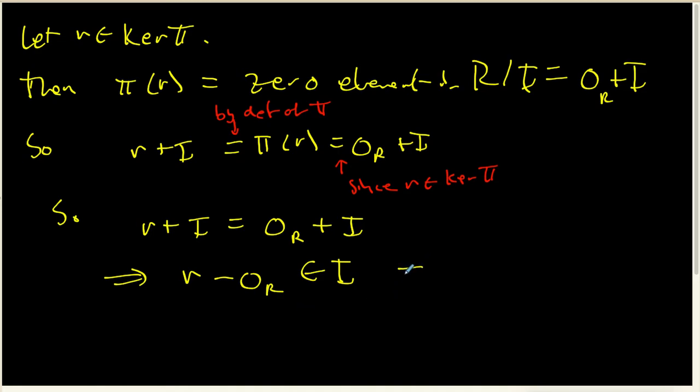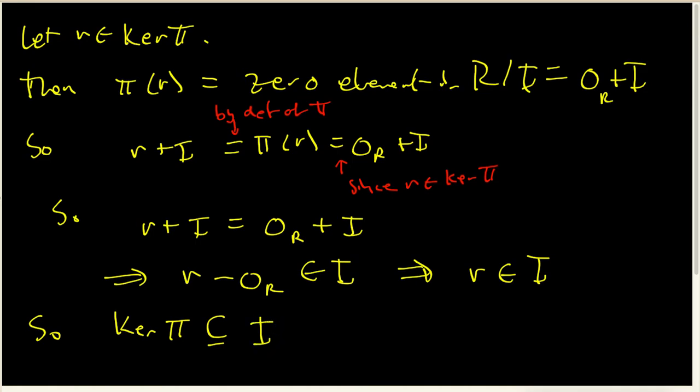Of course, r minus 0 is just equal to r, so this says r is inside ideal I. And so what we have now is that the kernel of pi is indeed a subset of our ideal I.